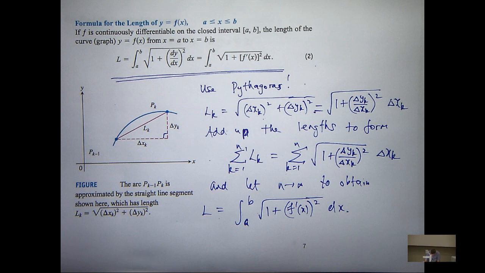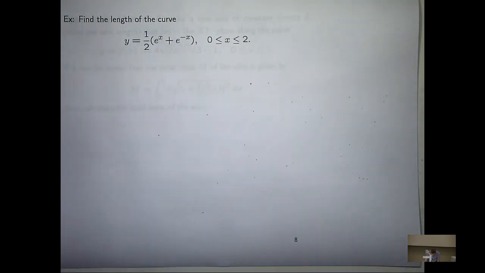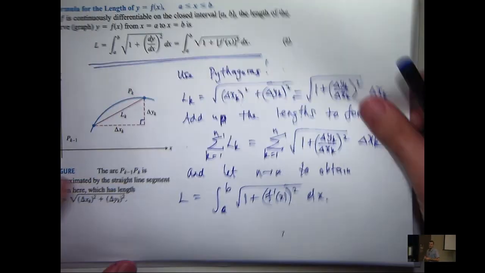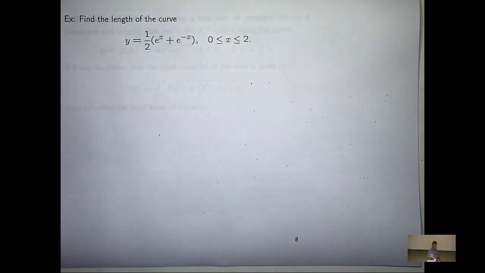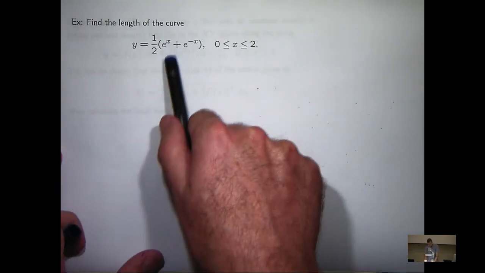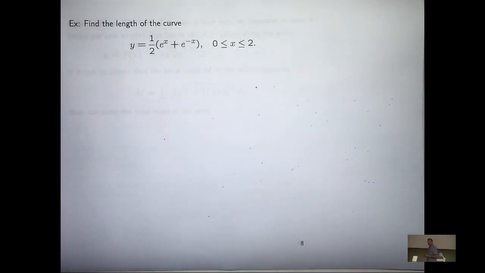Well, let's see it at work. All right, here's a function that we're asked to find the arc length of, or the length of this curve, for x between 0 and 2. Now, anyone recognise this function? Cosh, hyperbolic cosine.